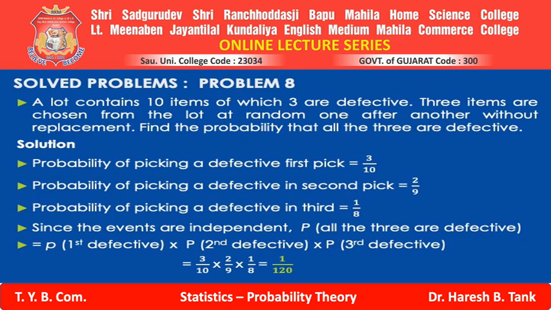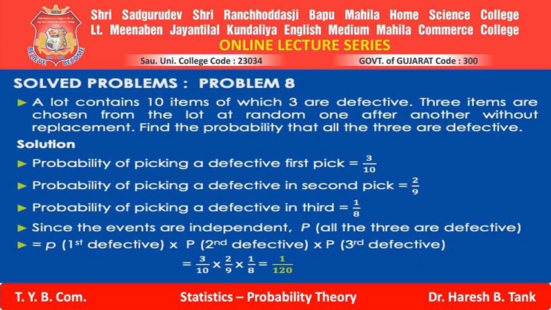So probability of first defective is 3 by 10. Second defective where first defective is already chosen, so it is 2 by 9, which is the conditional probability. Third pick, which is 1 upon 8, where first and second picks are already done. 2 defectives are already done. So making the product of all these 3, it comes to 1 upon 120. Right?